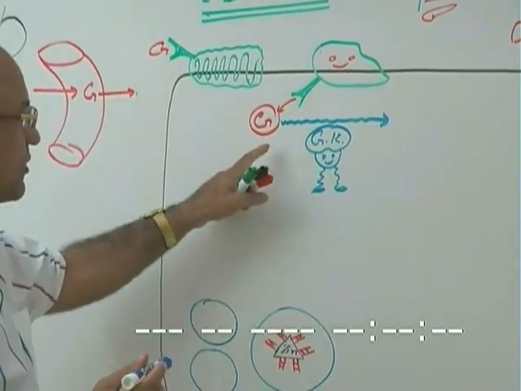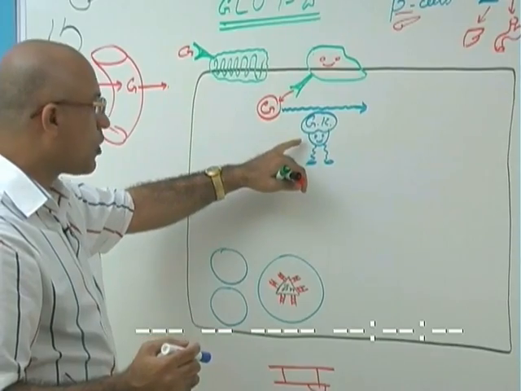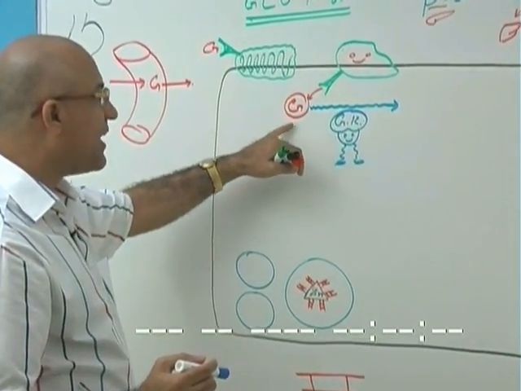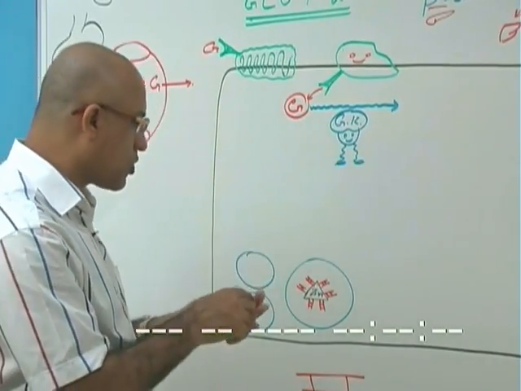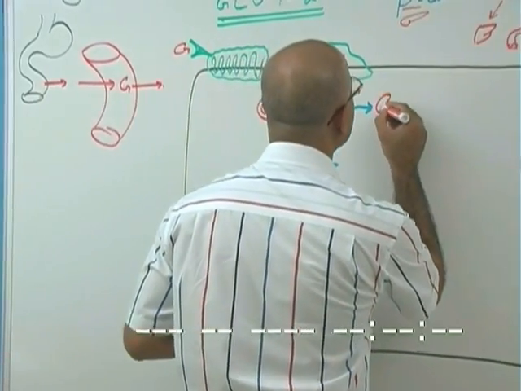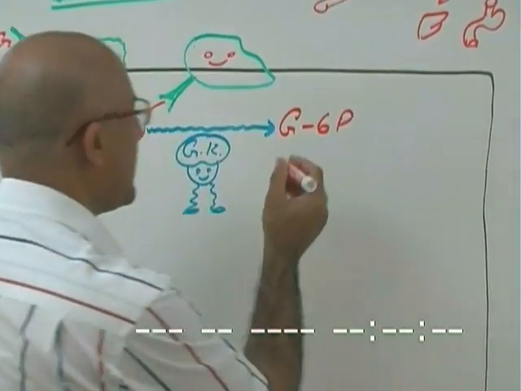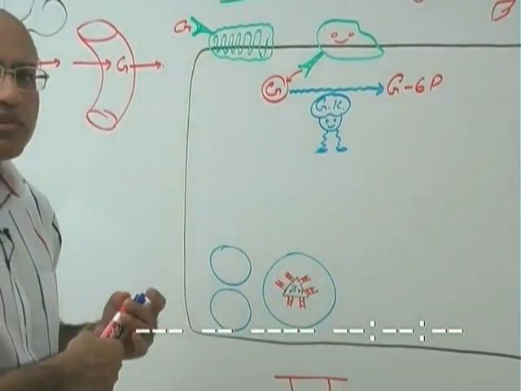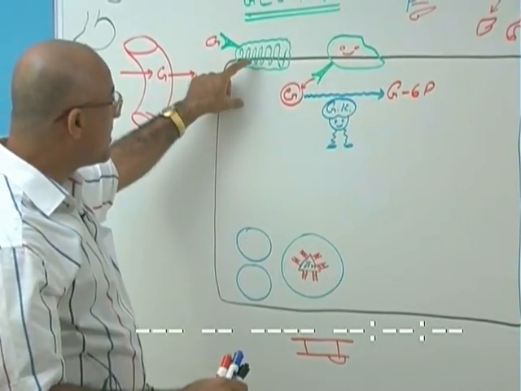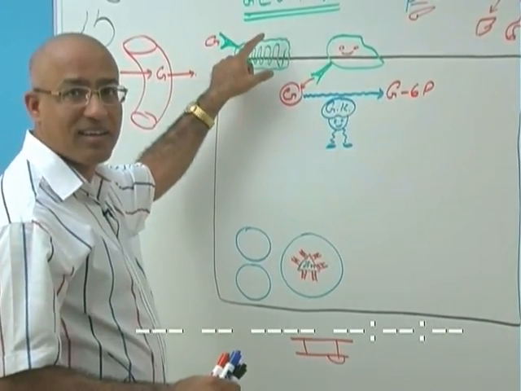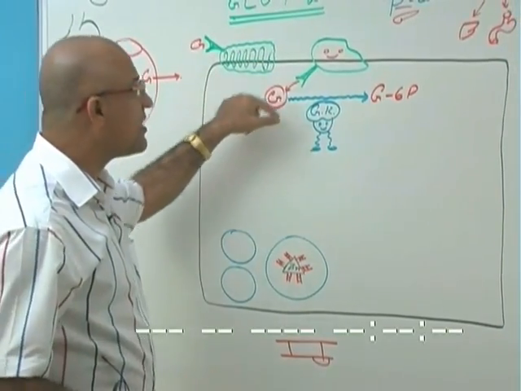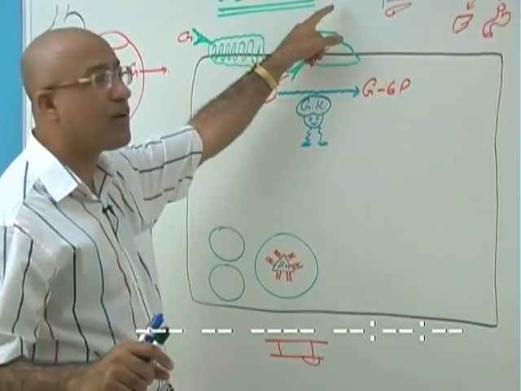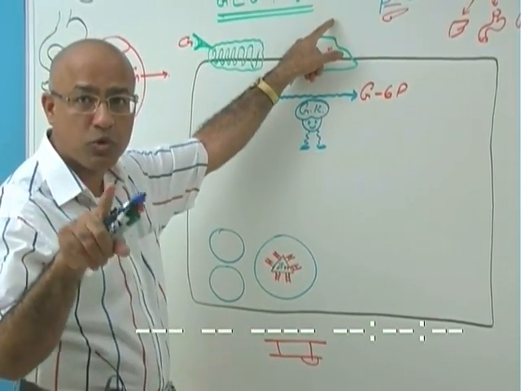Whatever glucose is entering, glucokinase in these beta cells will convert it into glucose 6-phosphate. You know why it is important to phosphorylate? I told you these transporters are two-way. If glucose enters, it can escape out, especially if the outside glucose level goes down.